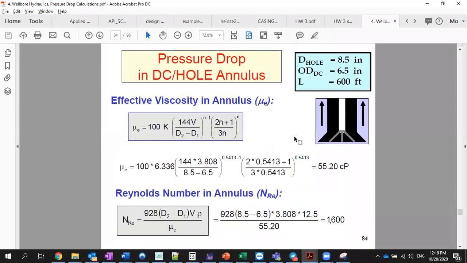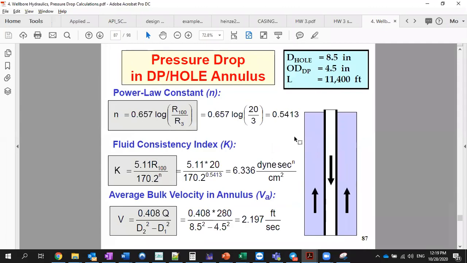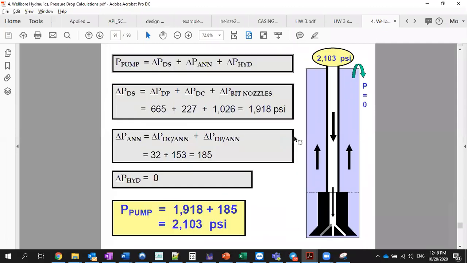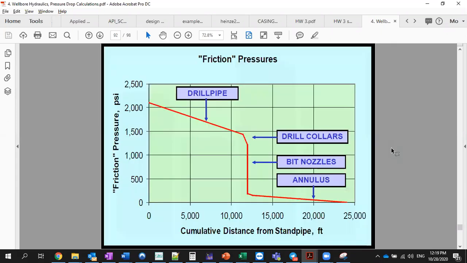I guess that's it for pressure loss. Also, make sure you understand the concepts: the pump pressure, the pressure drop at the bit. All these concepts, just make sure you're familiar with them.